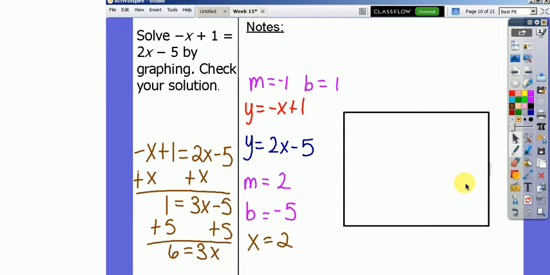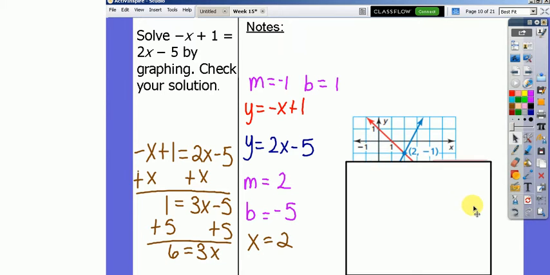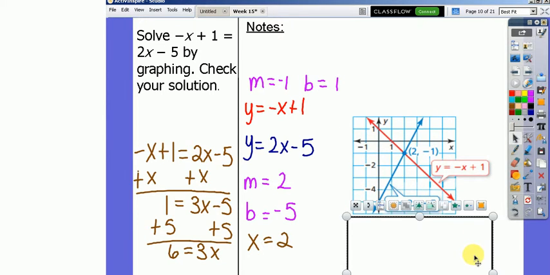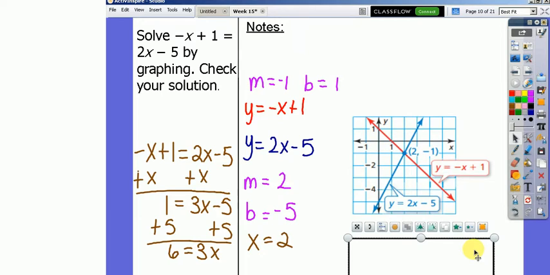So I'm going to go ahead and unveil this. And we see that we get an intersection at 2, negative 1, and our x value is the solution, which we got over here in the brown. We got x equals 2 as well. Does that make sense?